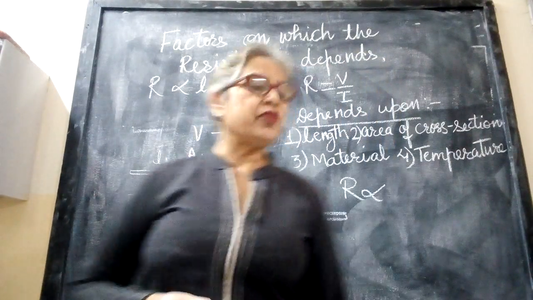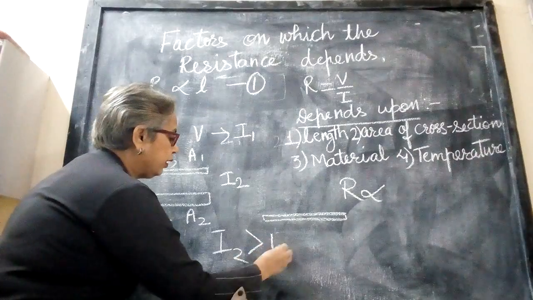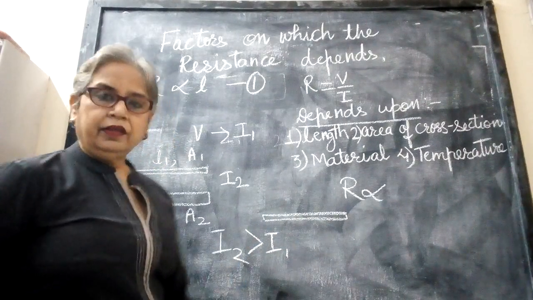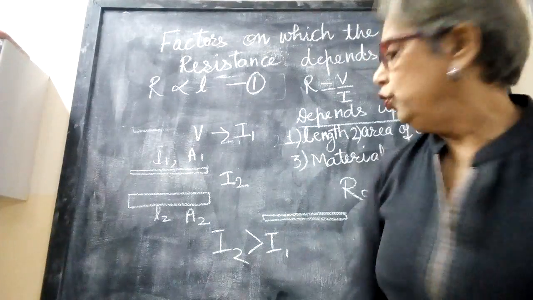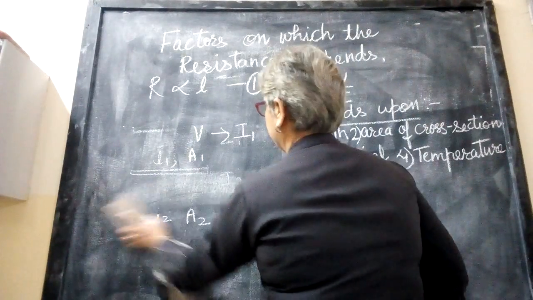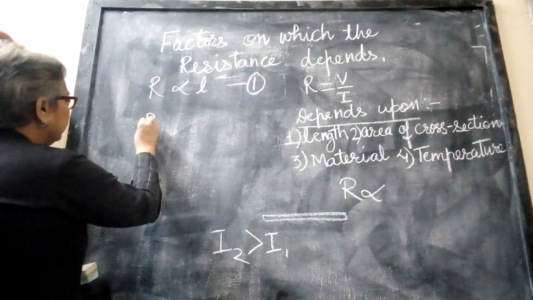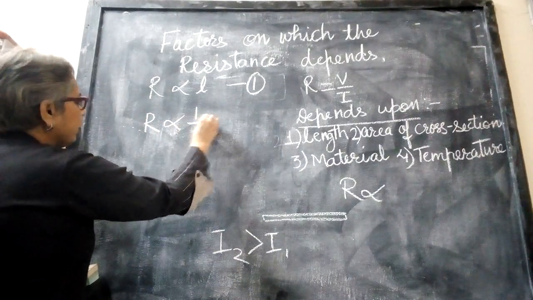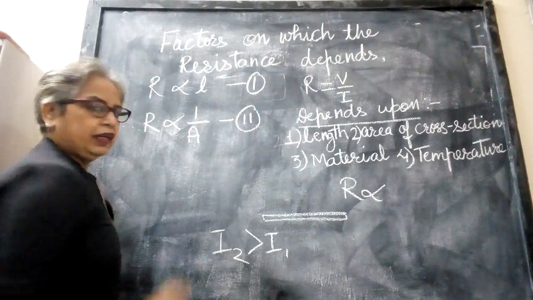Now what I observe is, I2 is greater than I1. So from this observation we conclude that the resistance of a conductor is inversely proportional to the area of cross section.